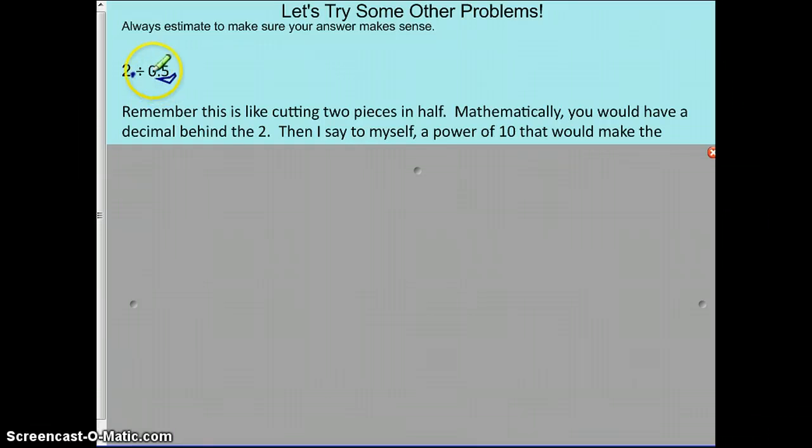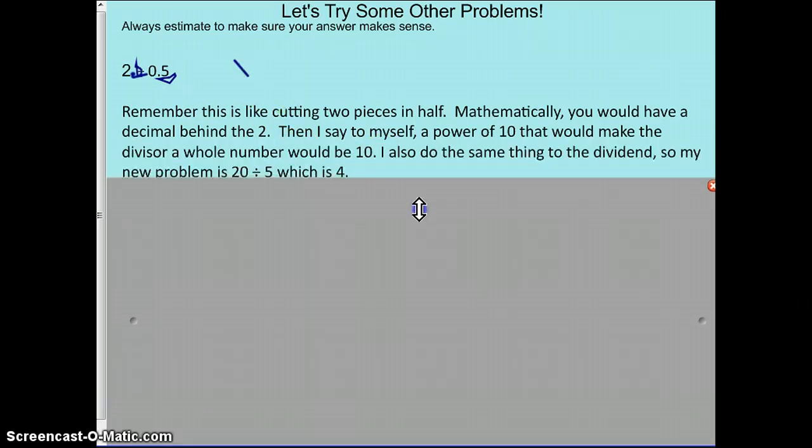And if I multiplied that by 10, it'd be right behind the 5. I would have to add a 0 on here to move this one over 1. So now my problem is 20 divided by 5, which is 4.